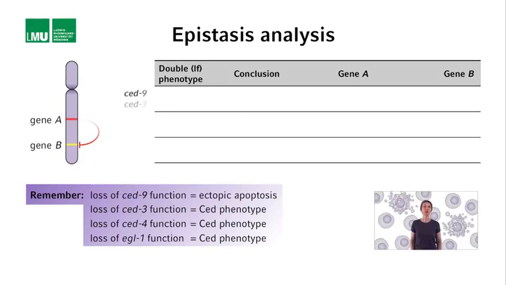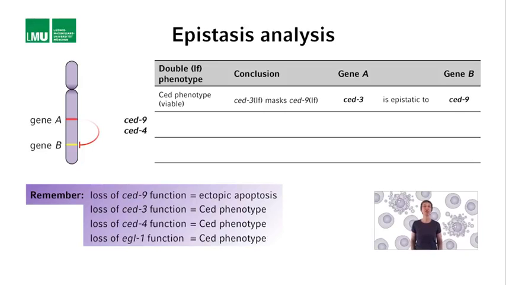The Z9, Z3 double mutants were viable, and they had a general block in apoptosis, a Z phenotype. For this reason, the loss of Z3 function suppresses or masks the loss of Z9 function, and Z3 is therefore epistatic to Z9.